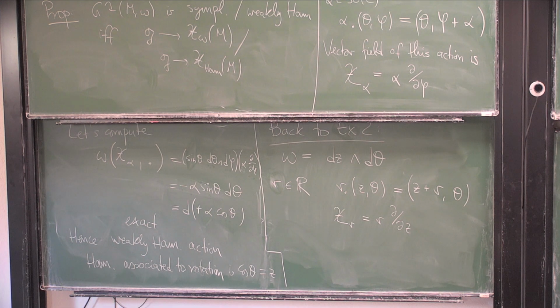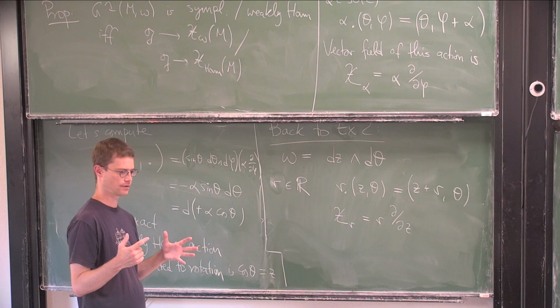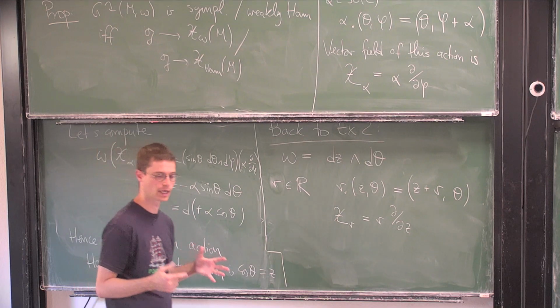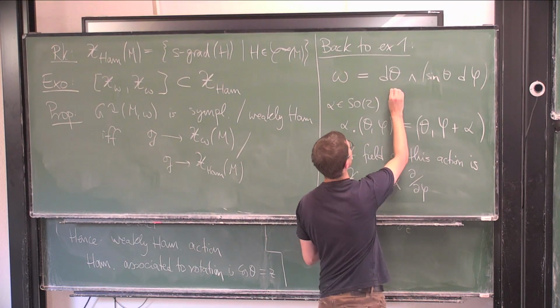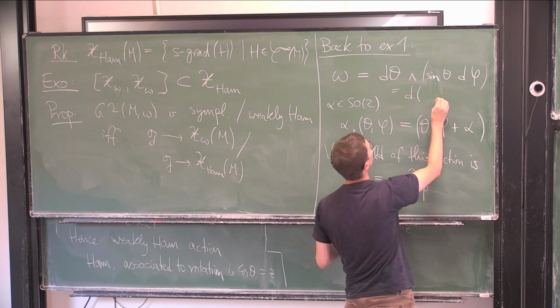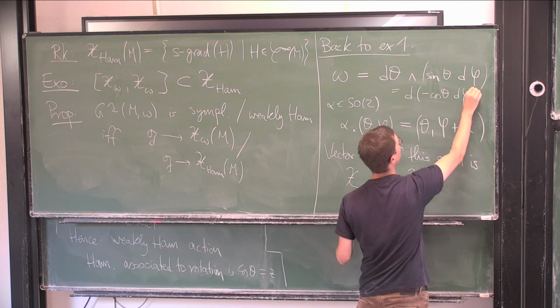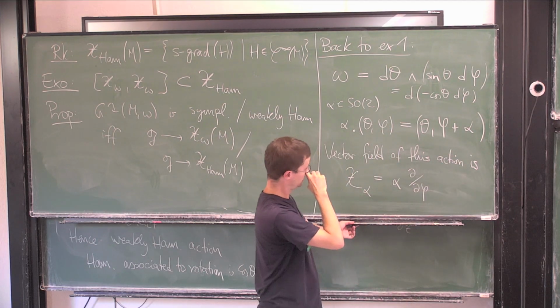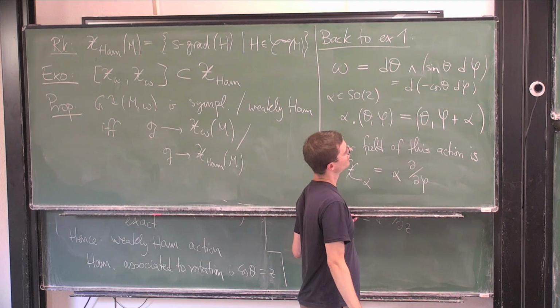Yeah, I agree, because usually on a compact manifold, well, it degenerates. That's the issue. Okay, I see. But here in the example, when we read this, it's d of cos theta d phi. Yes. Okay, well, that's a good point.